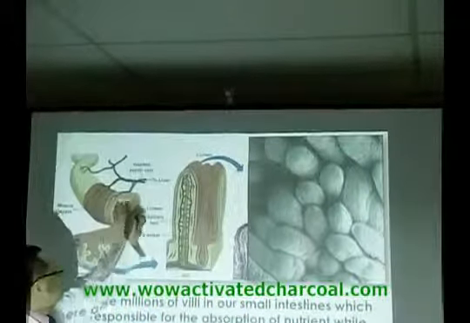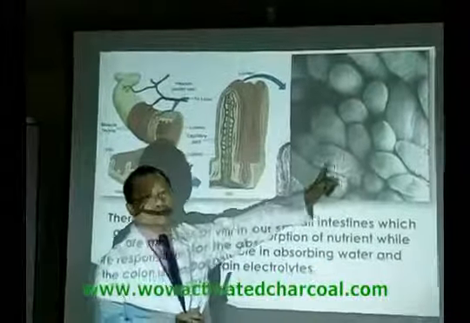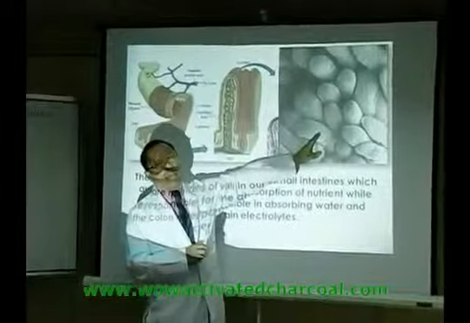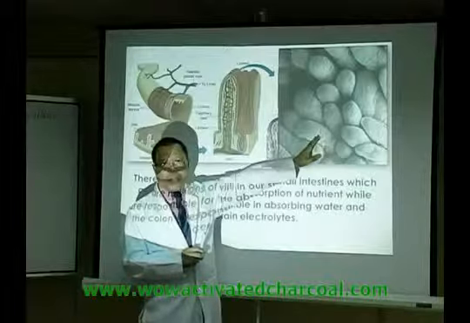The small intestine is lined with villi, which are structures in the lining of the intestine responsible for the rapid absorption of nutrients.